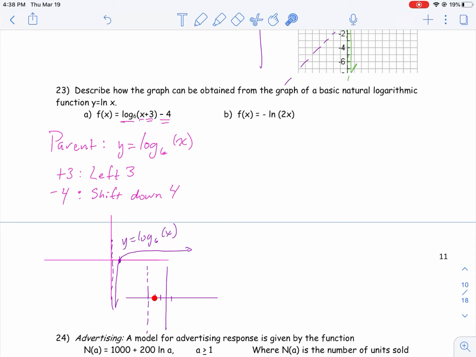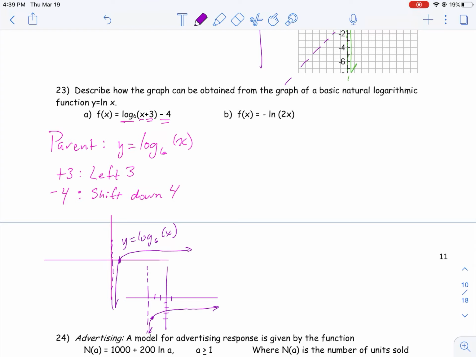And instead of being here at this point, it's going to be down 4 from there. 1, 2, 3, 4. It's going to be about here. And it's going to take off a lot slower as well. So it's going to look something like that.